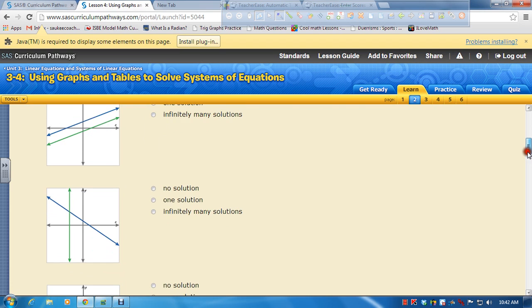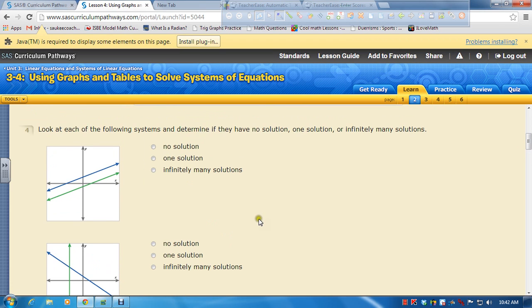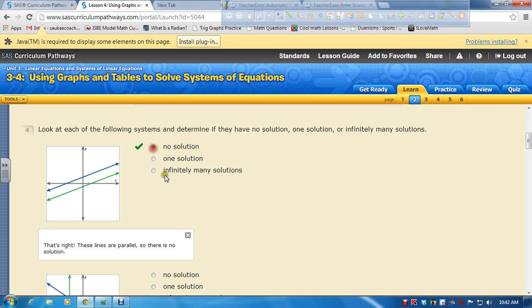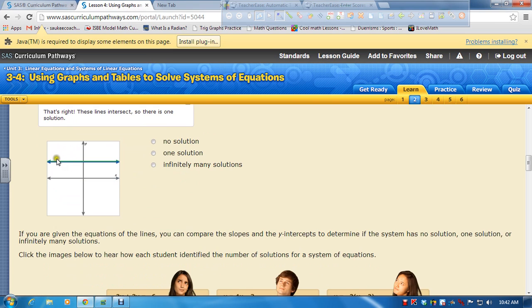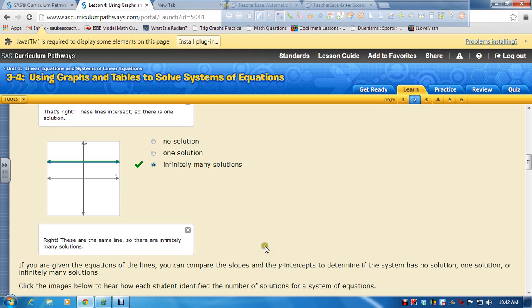Okay, so we'll look real quick here. Just looking at these, you should be able to tell these are parallel lines and would have no solution. Looking at these, they are going to intersect once and only once. And looking down here, we've got two lines that appear to be the same, so we would have infinitely many solutions.